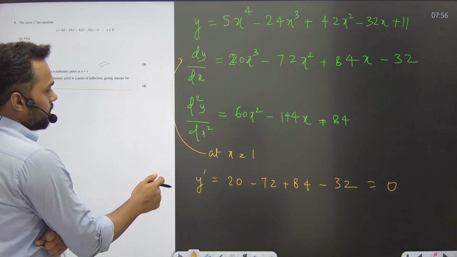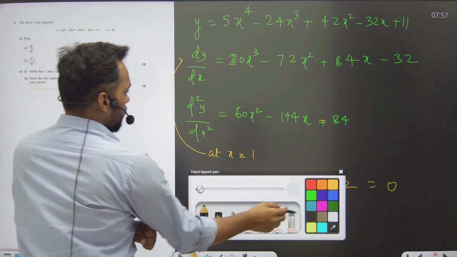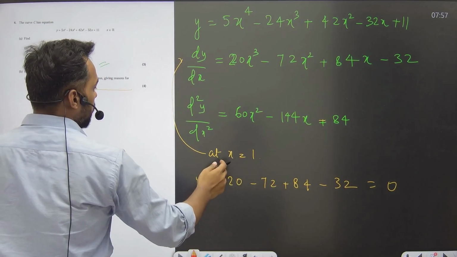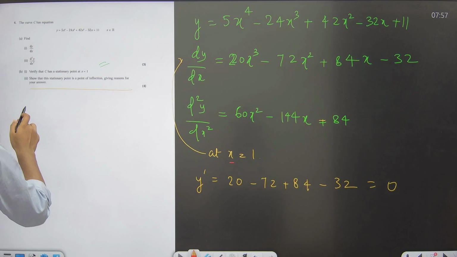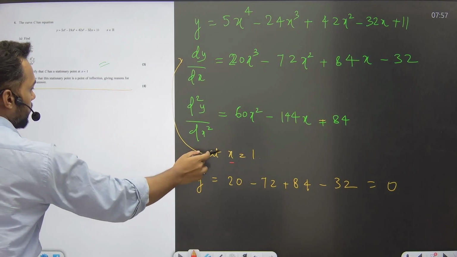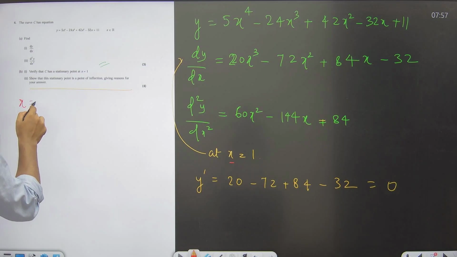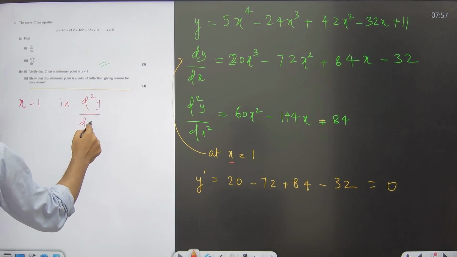See, we have y prime, the differentiation of y. On plugging in x equals 1, we are getting 0. Now if I plug x equals 1 into d2y by dx2, let's see what happens.